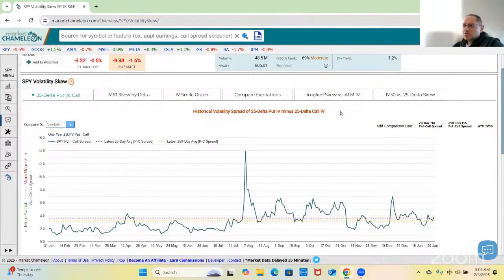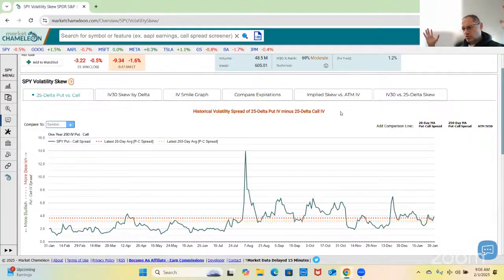And in order to standardize it so we could measure how that skew is changing over time, we'd have to create a synthetic 30-day constant maturity option. And to do that, we come up with this weighted balance formula of using the options expirations that straddle 30 days, similar to the VIX.